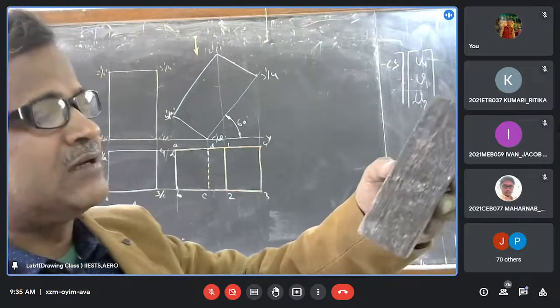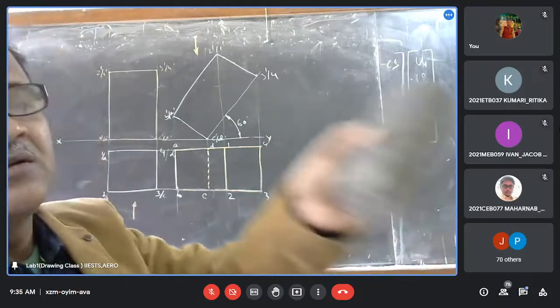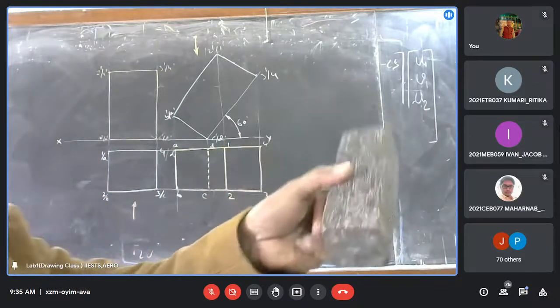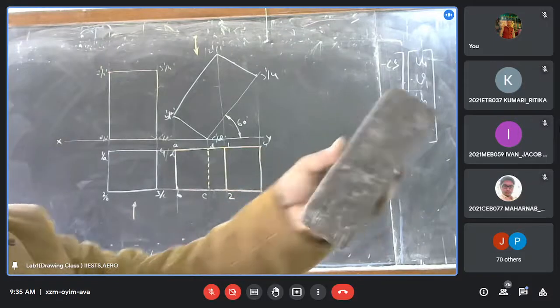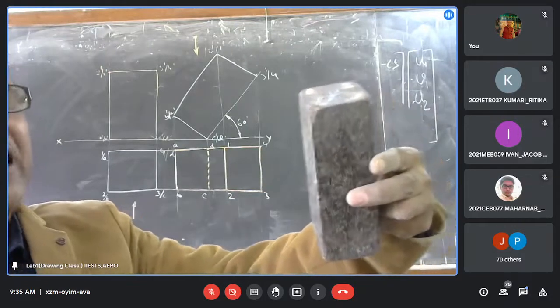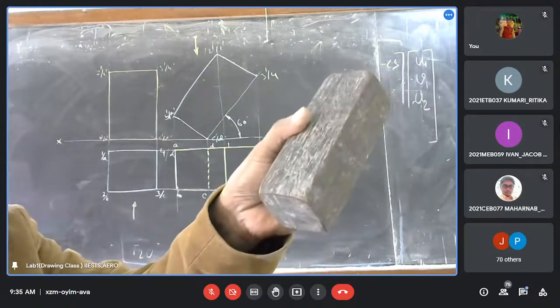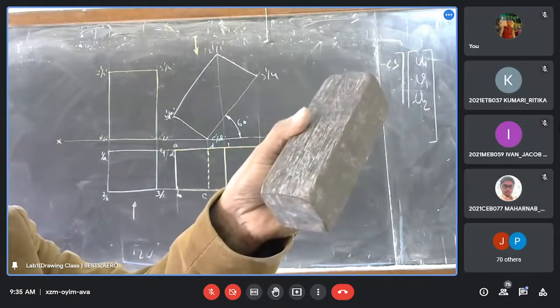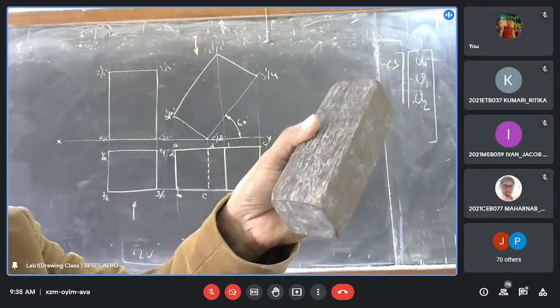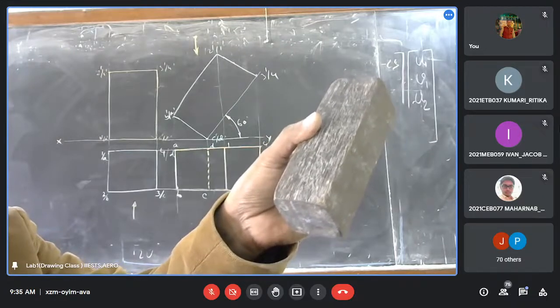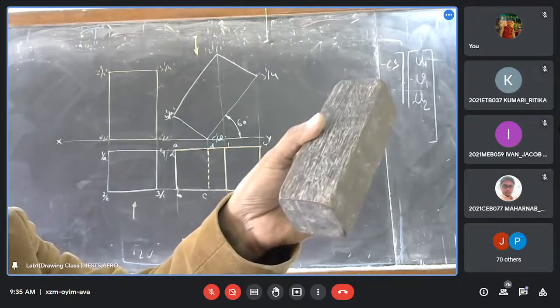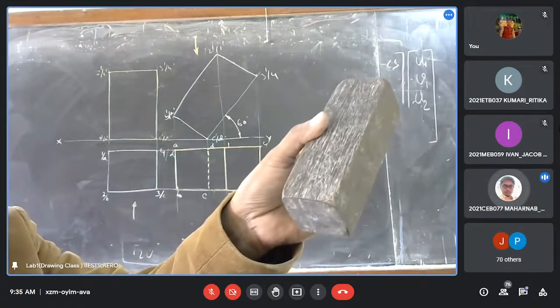You may rotate like this or like that. So now can you tell me, when we rotate like this, what surface, bottom or top, can you see completely? Sir, bottom surface.